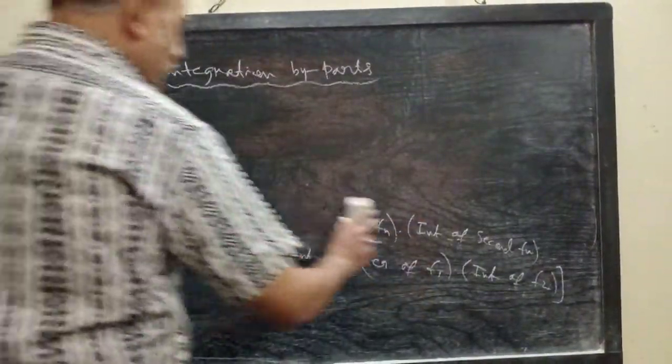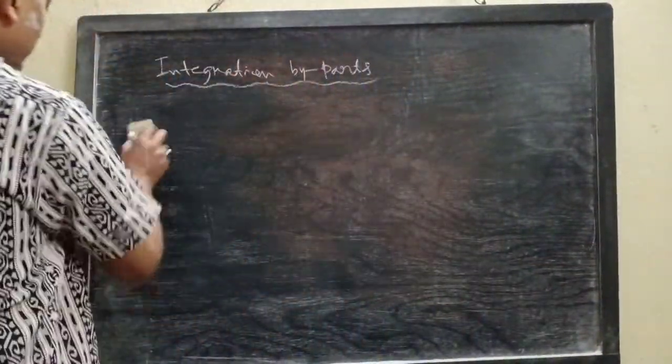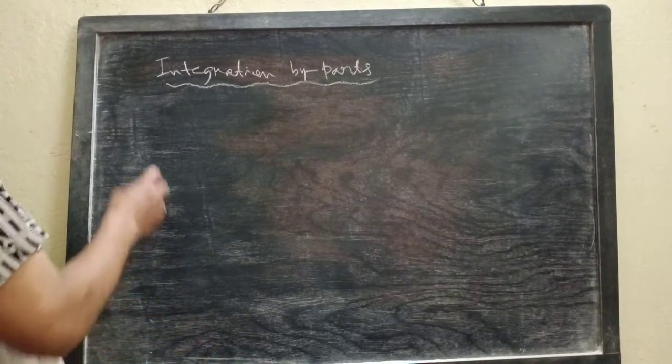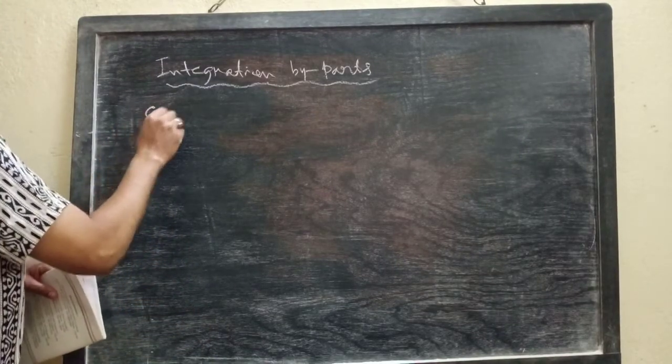Now you have to know the rule of choosing the first function, that is, given two functions, which one we will consider the first function. So, choice of first function.